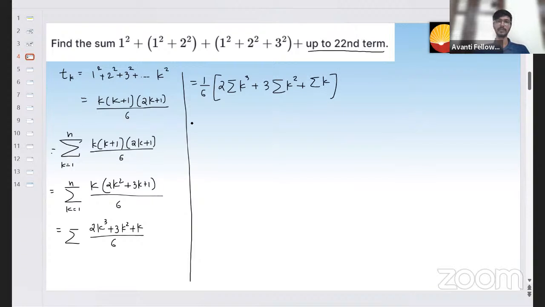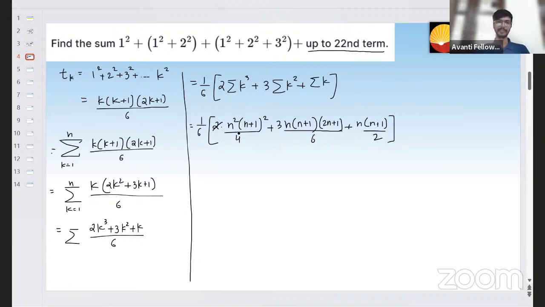Let us use the formula, guys. So I'll get 1 by 6, 2 into, what the formula is, n square into n plus 1 the whole square upon 4 plus 3 into, here it is same na, n into n plus 1 into 2n plus 1 upon 6, and this is n into n plus 1 upon 2.